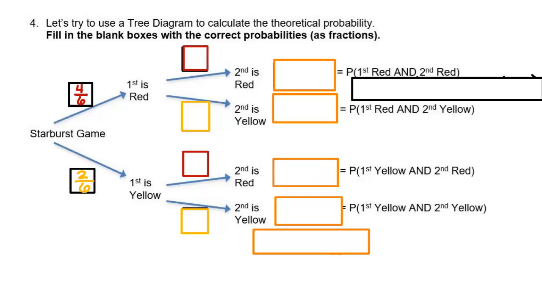Now we get into some conditional probabilities. Given that the first one was red, so I'm following this path here, what's the probability that the second one was also red? 3 out of 5. We had 5 left in the bag. We took one of the red ones out, so there were 3 left out of the 5 total.